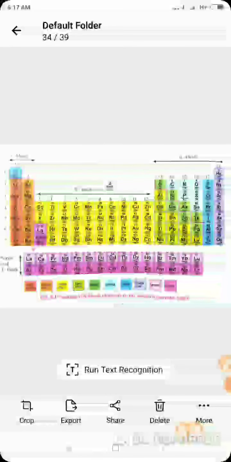The elements present in groups 3 to 12 and from periods 4 to 7, these elements in the yellow color, these all are the transition metals or transition elements. These all are in the metal state, so these are called transition metals. These are indicated in the yellow color boxes.